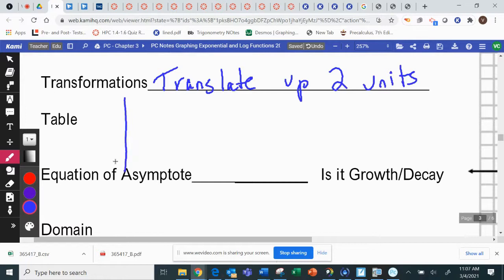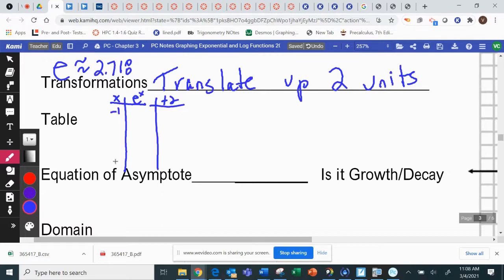Okay, so with the table, I'm going to make a table for e to the x, and then I will do that +2 afterwards. e is the natural number. It's approximately 2.718. The most accurate we're going to be able to graph is 2.7, okay? You can't really graph that super accurately.